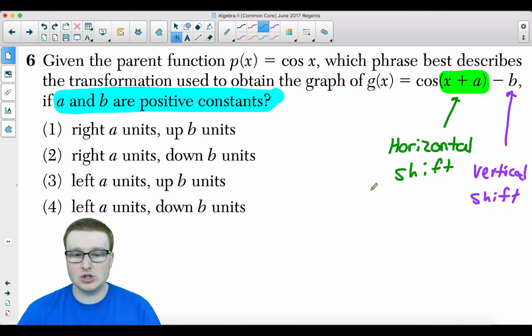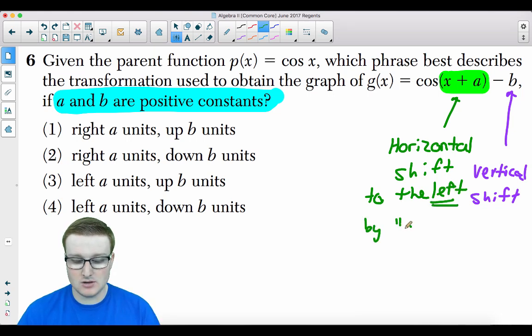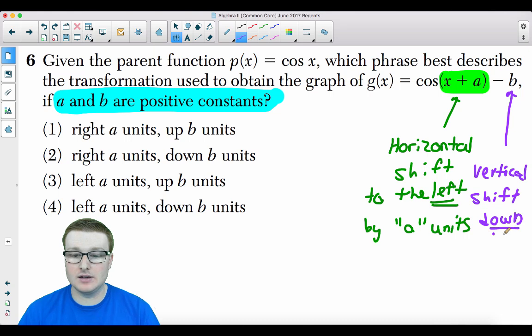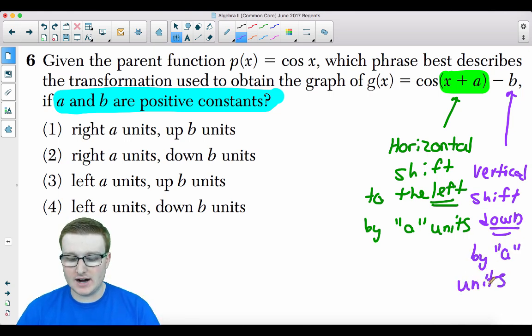So there's a horizontal shift to the left, by a units, because the shift direction is opposite the sign. I'll say that again. The shift direction is opposite the sign. So the vertical shift, on the other hand, it's a vertical shift down by b units, okay? And the shift direction is the same as the sign.